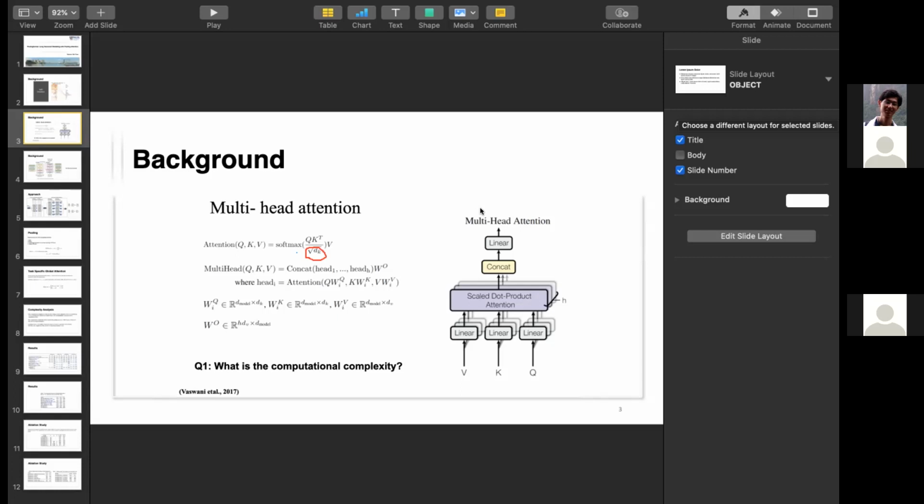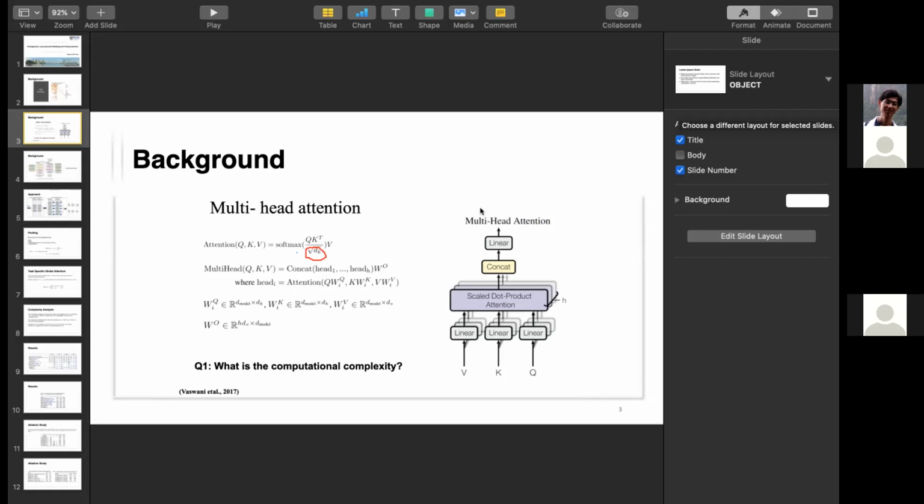And Yihao, do you know? What if we just remove this factor of square root dk? I'm not sure, but I guess if we don't apply this one, we may get a gradient exploding issue.